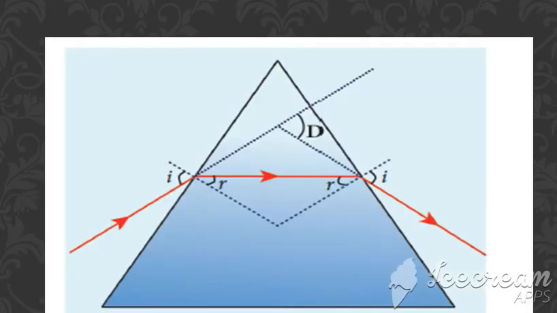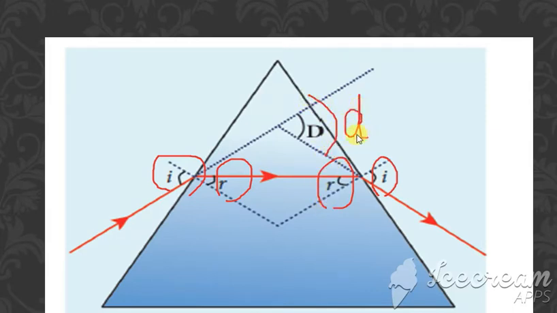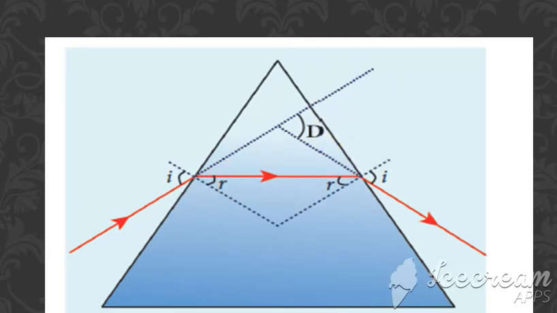When you draw the diagram, we can say that i1 and i2 are equal, so we write them as i. r1 and r2 are equal, so we write them as r. And this angle of deviation we write as capital D, which is the angle of minimum deviation. Clear?